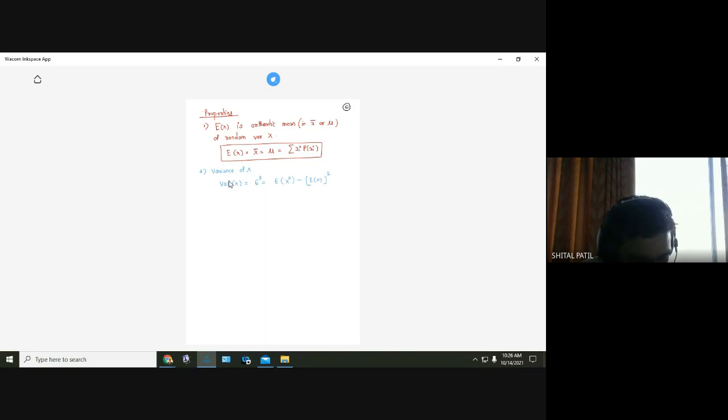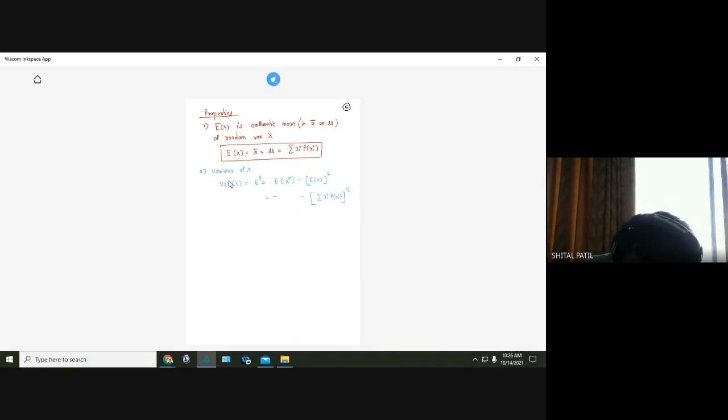Okay, now what is the meaning of this? It is like this. Expected value of x, hope you remember, is summation of xi p of xi, and then its square. Now what is E of x square?